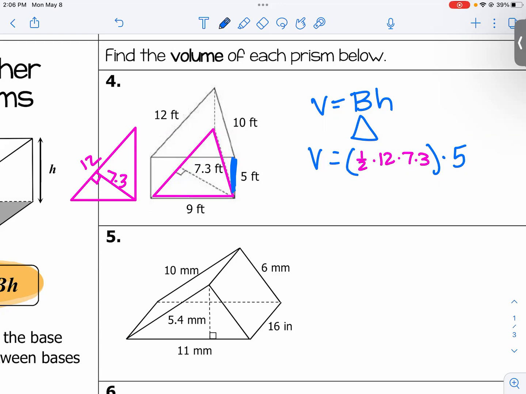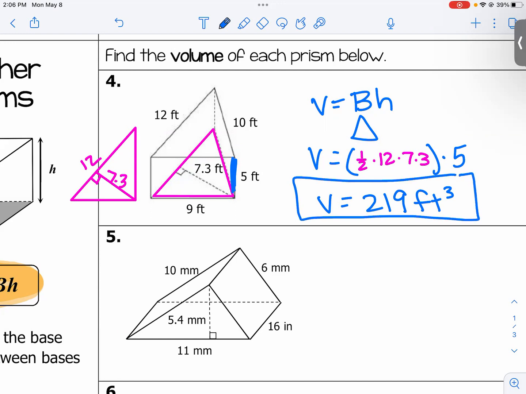Okay, so this is how we're finding our volume. 219, I think so, is what Ben says. Check Ben's work. 219. Hey, all right. Yep. Okay. So you find number 5.